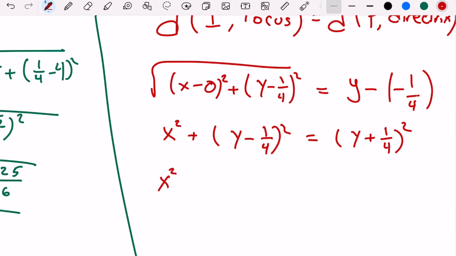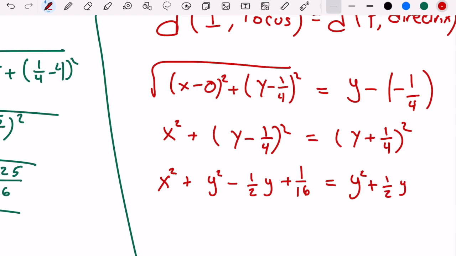Then I'm going to FOIL, so that is x squared plus y squared minus 1/2 of y plus a 16th equals y squared plus 1/2 of y plus a 16th.